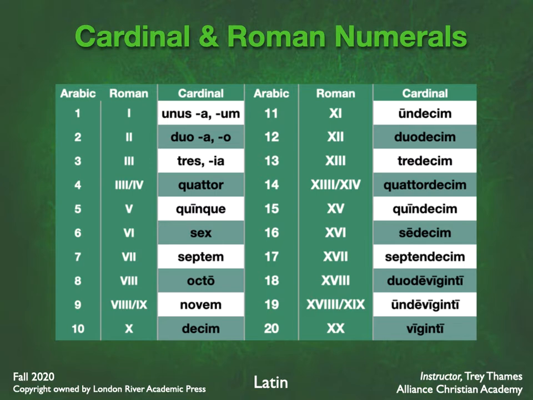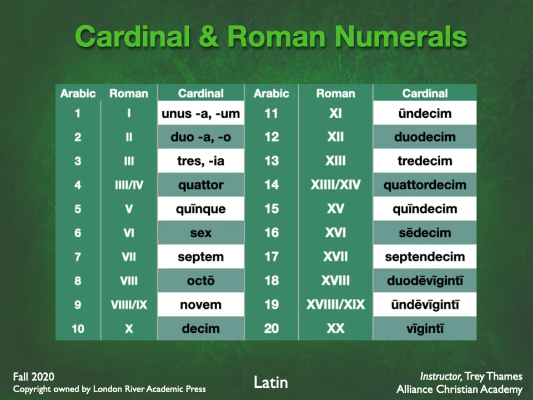The single I is 1, and that relates to unus, una, unum. 2 is two I's, or two ones, and it's duo, duae, duo. Three I's, three ones, is tres, tria. 4 can be designated in Roman numerals as four I's, or an I and a V. So it's quattuor.